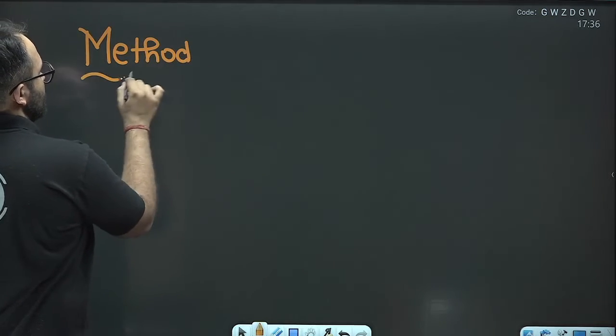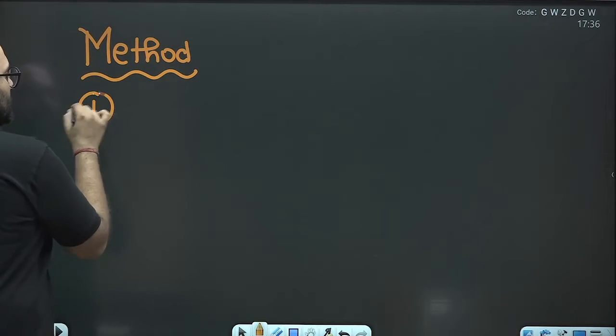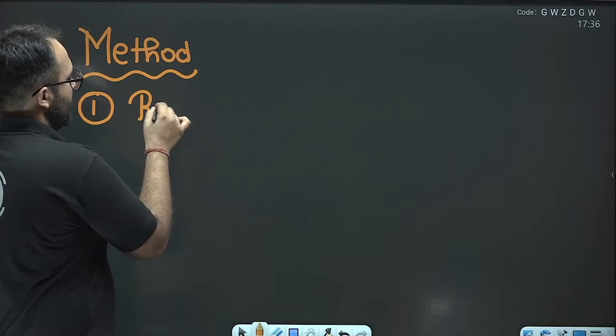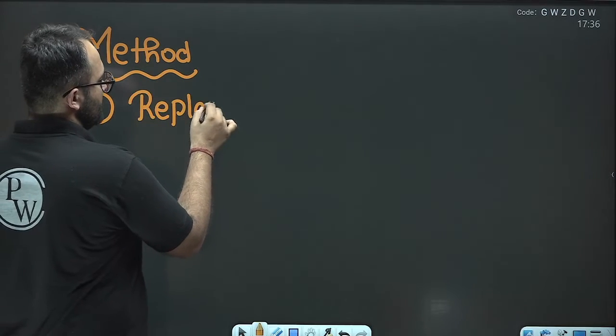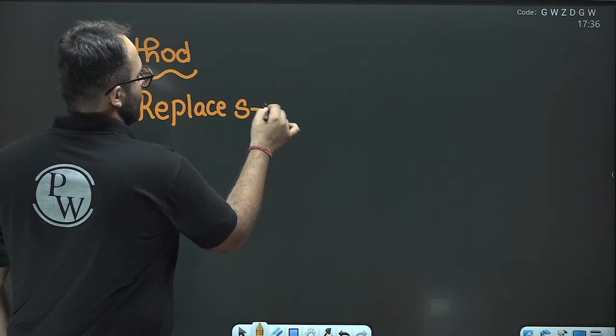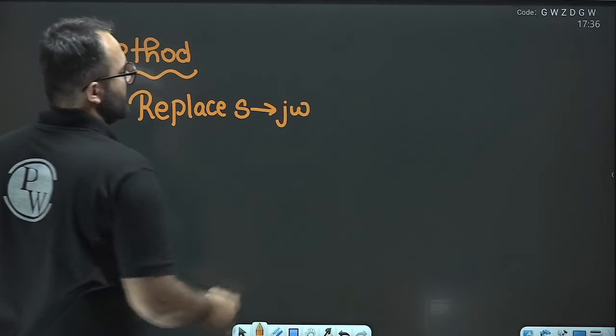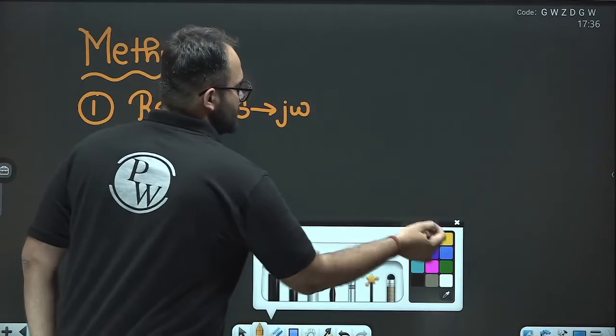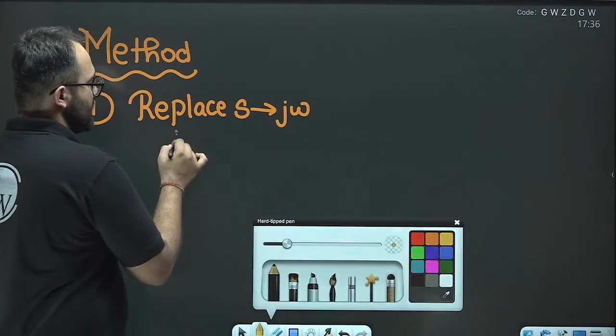Step number 1 is replace S by j omega in the transfer function H(S).